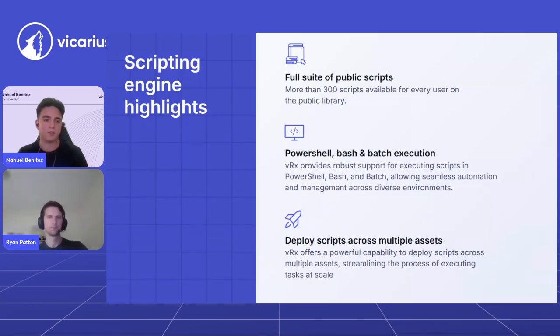How can we make this in a way that all of our users can take advantage of the script that we just made? And then we upload it, we try it in our sandbox laboratory, we verify it, and we upload it to the public library, so every one of our users can access it.